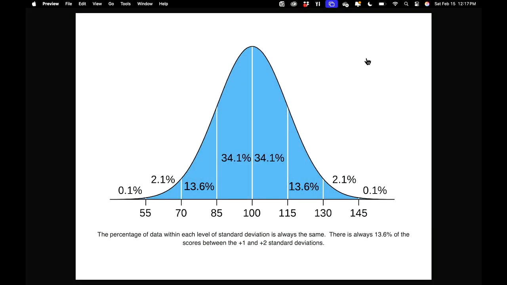Now, when we're looking at the normal curve, let's see, get on the right page here. When I introduced the normal curve, we had these numbers on here. Now, this particular example is the IQ normal curve, but in every normal distribution, and remember when we're talking about normal distributions, we're talking about the distribution of sample means.